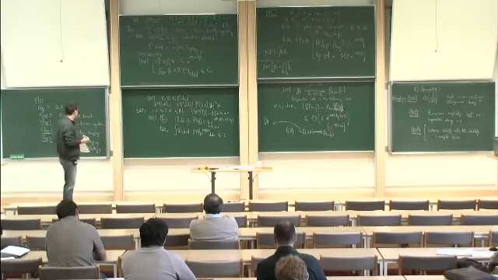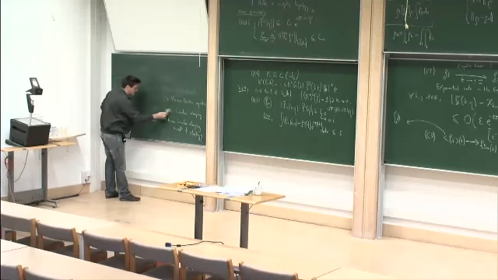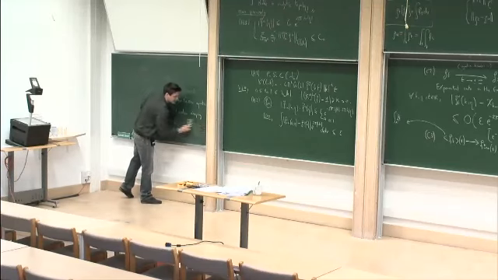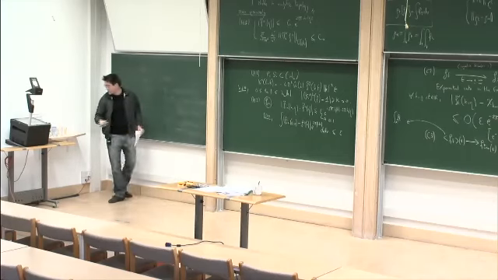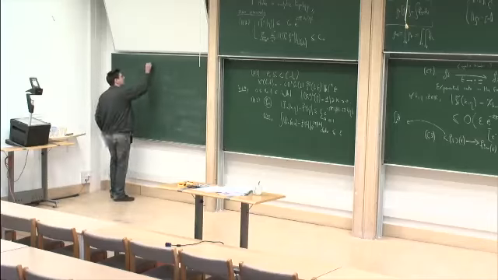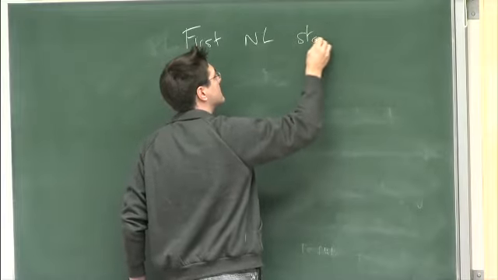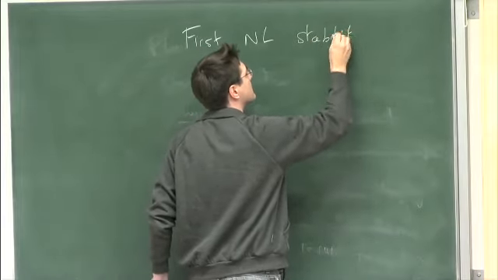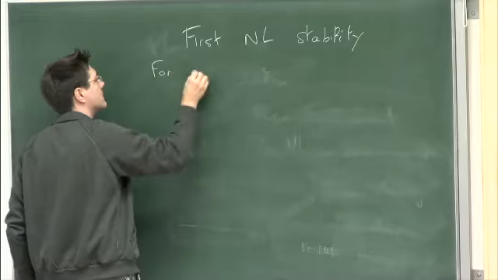But for instance, something which was open for some time was to know if it was possible to show a nonlinear stability with a second bump, with two bumps. So this is the first nonlinear stability result for a double bump satisfying the Penrose criterion.